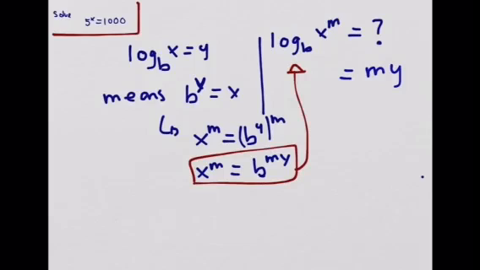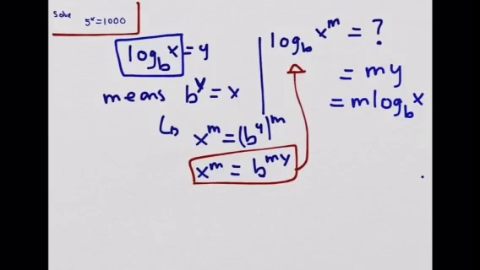Log base b of x to the m is m times y, because b to the power of m times y gives you x to the m. Let's go back: log base b of x was y. So it's m times the log base b of x. And this is the property I'm looking for.